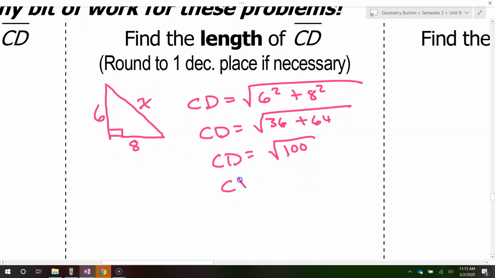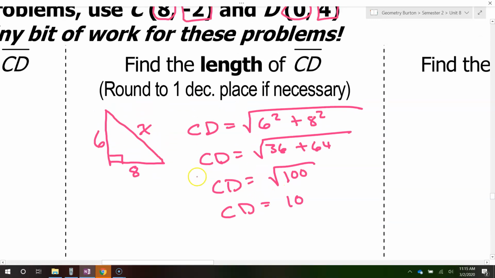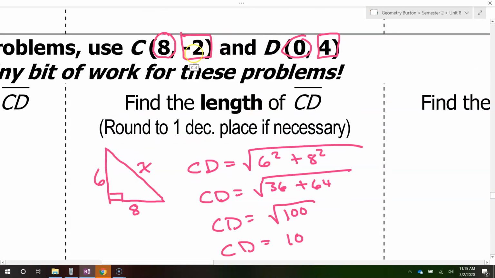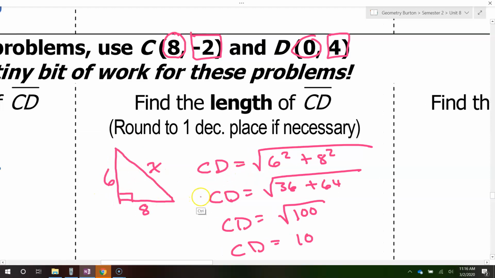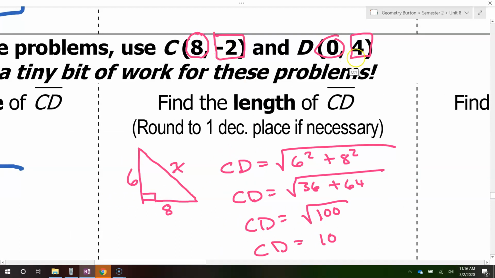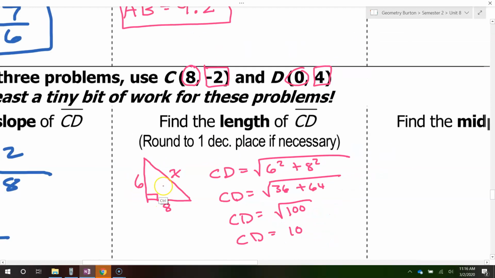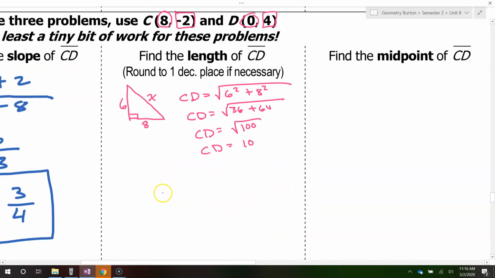So that means that CD is actually just 10. Okay, so look, if you can look at negative 2 and positive 4 and go, oh, those are 6 apart, then this is a good method for you. If you can't come up with a distance of 6, then you should probably stick to the distance formula.